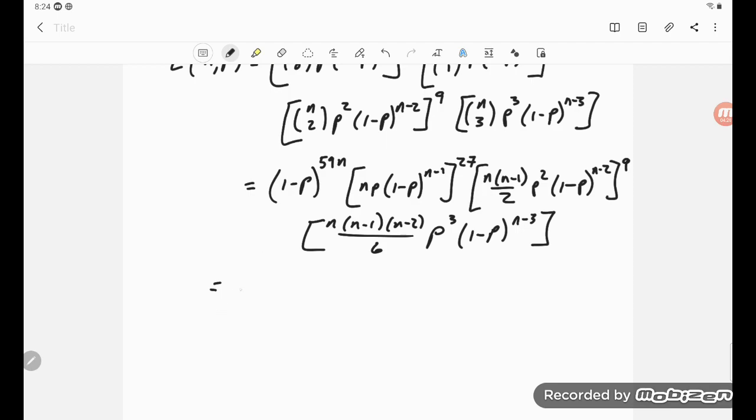I ended up with, if I take the log of that, so it's the log of L, I got 37 natural log of N plus 10 natural log of N minus 1 plus natural log of N minus 2. Then I got a big long term.